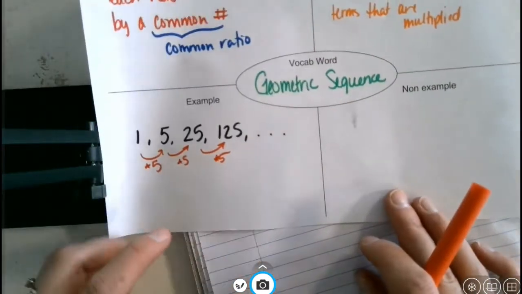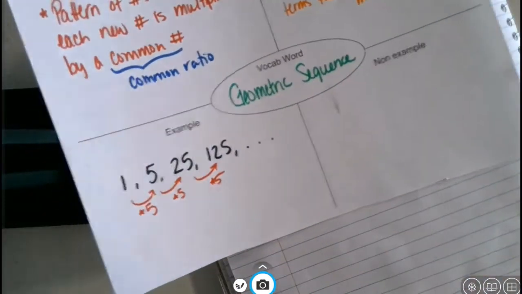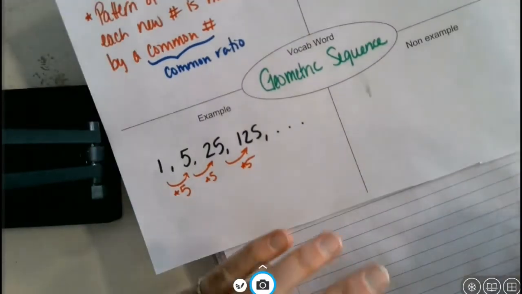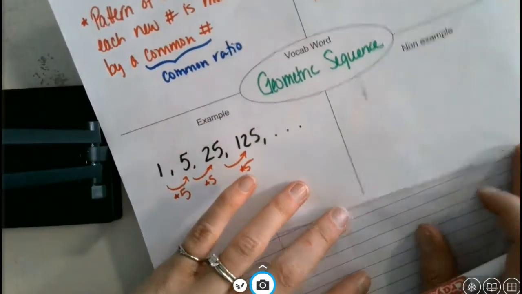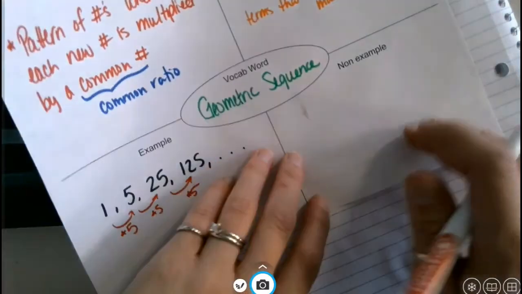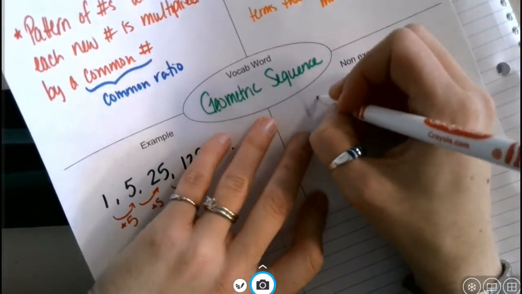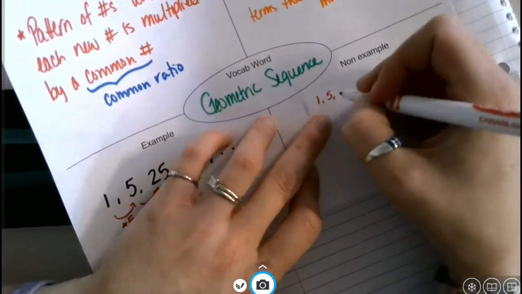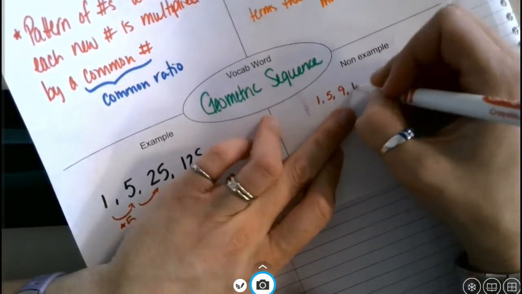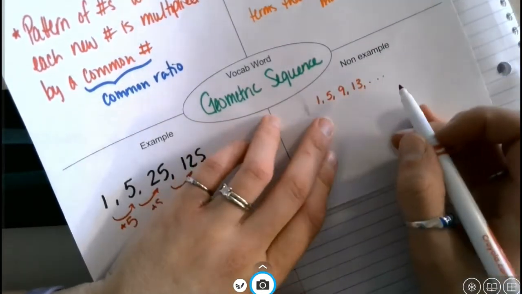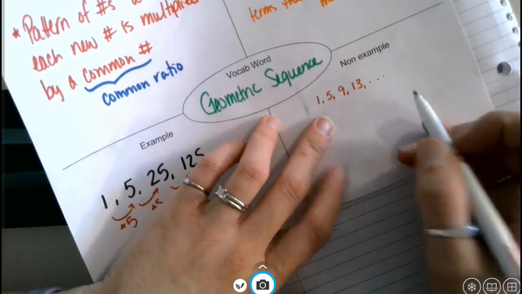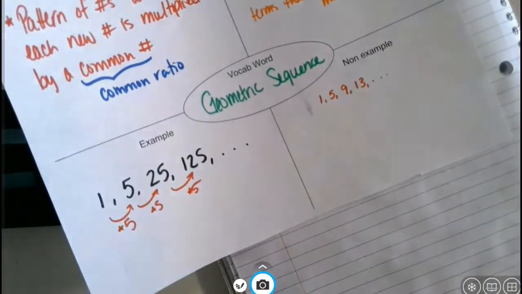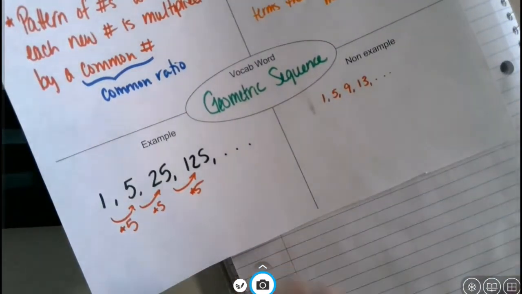Okay, so now let's come up with some non-examples. We looked last semester at arithmetic sequences. That's where I add the same thing. So that would be a non-example. If I'm going to add the same thing, so here I added 4, I would add 4 again, I would add 4 again. This would be an arithmetic sequence. So this is a non-example. Another non-example could be something that's not even a sequence at all.